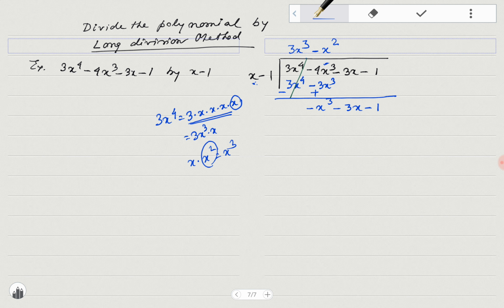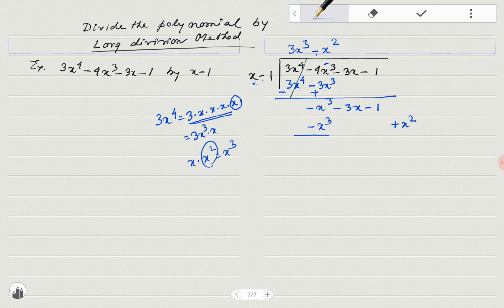Now multiply minus x cubed, and minus into minus is plus, so you get plus x square. Here there is no x square term. Is any x square term over there? No. So you have to write x square just here. Minus into minus plus, this gives you x square.